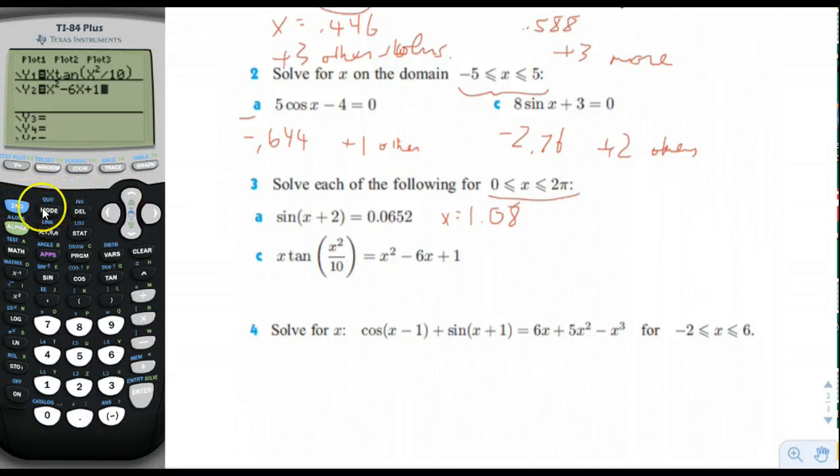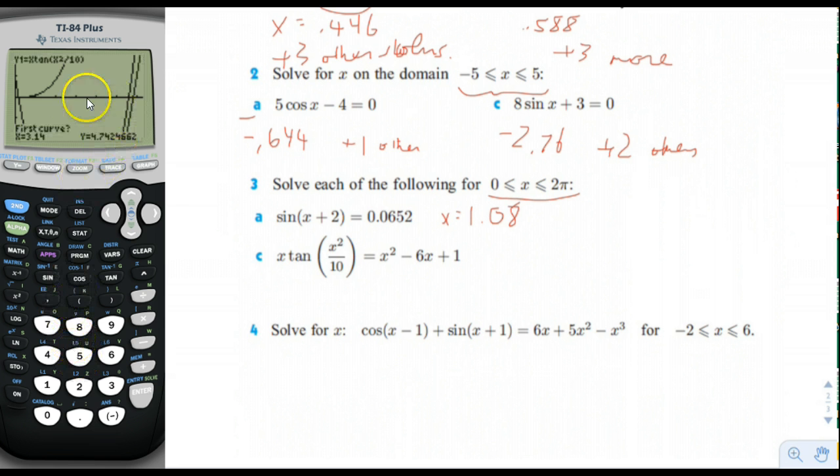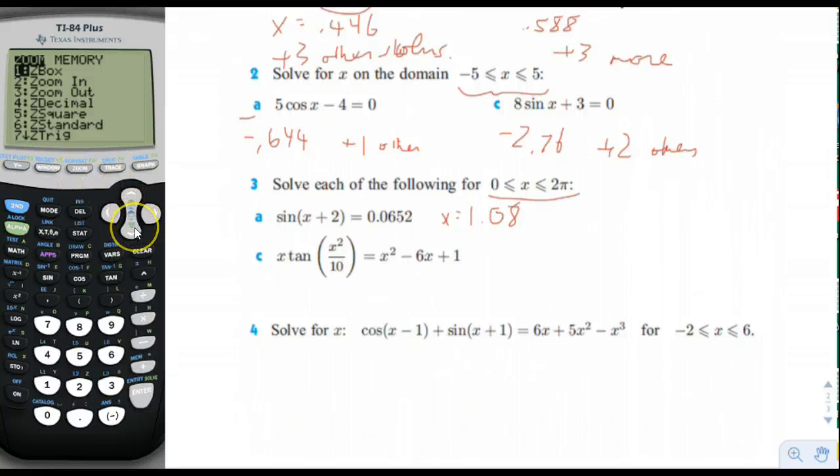So we're going to do second calc, intersect is 5. We have some interesting looking things here. Wow, I don't even see where the intersections are, so we're going to zoom out a little bit. What if we do zoom fit?